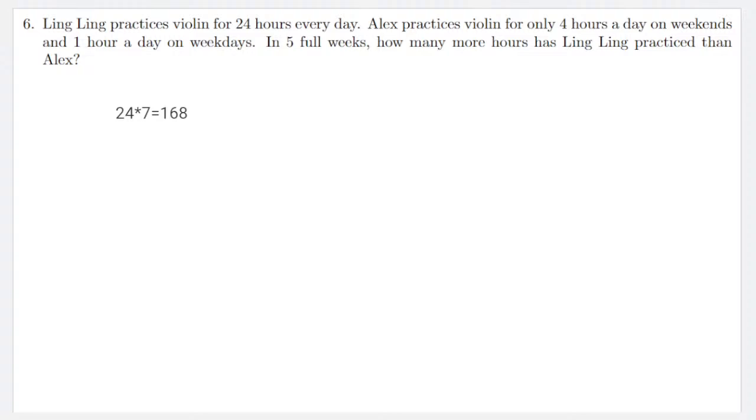So in 1 week, Alex practices 8 plus 5, or 13 hours every week. And so over five full weeks, Ling Ling has practiced 168 minus 13 times 5 hours. And you can just calculate this to be 775 hours.